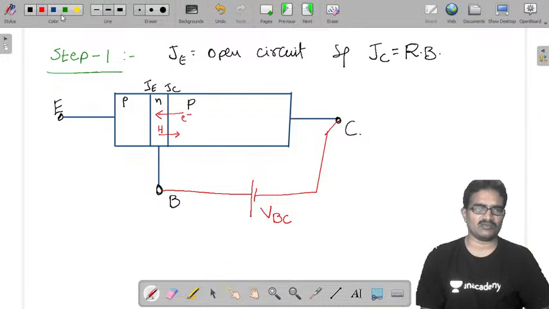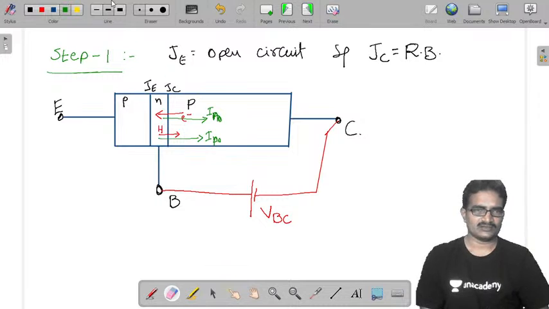Once electrons are moving from P to N, the current due to these electrons will move in the opposite direction. I am calling that current In naught, sorry, due to electrons it is In naught, and due to holes it is Ip naught.